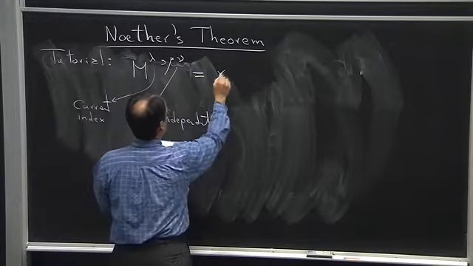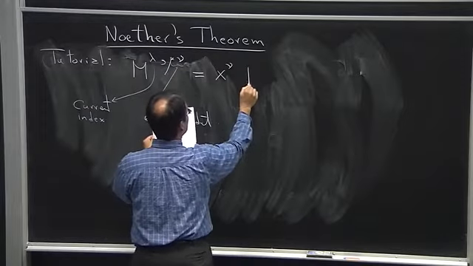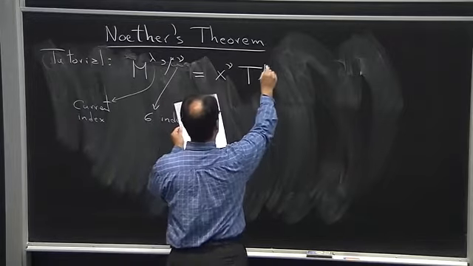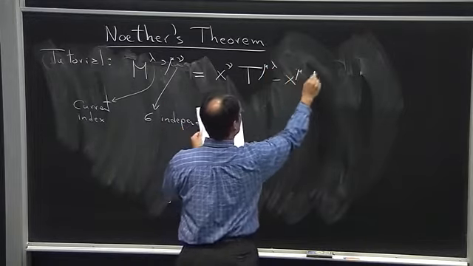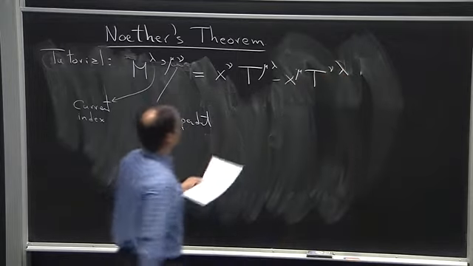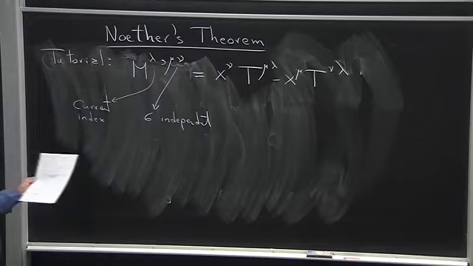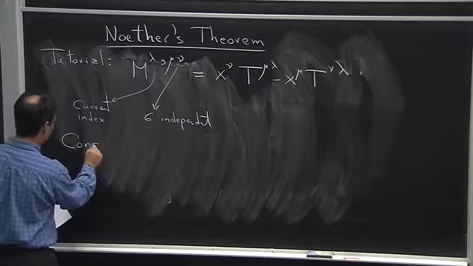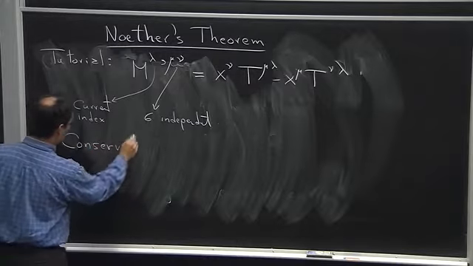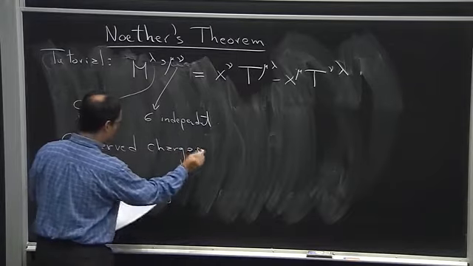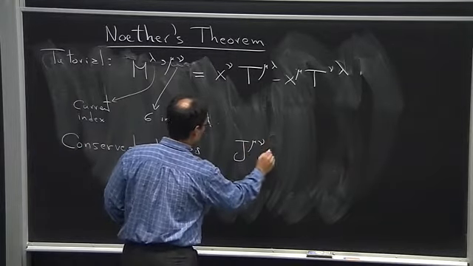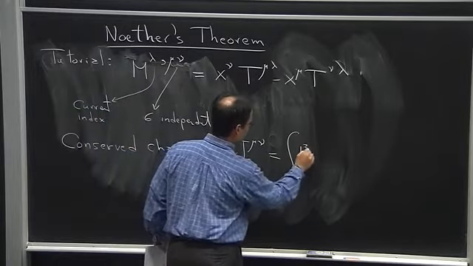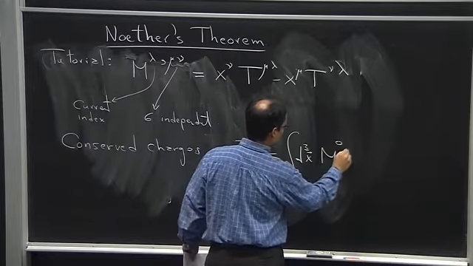And tomorrow, you're going to show that this thing is nothing but something that can be expressed in terms of x and the energy momentum tensor that we just defined. And the conserved charges are obtained from here by just integrating d^3x, the 0th component.